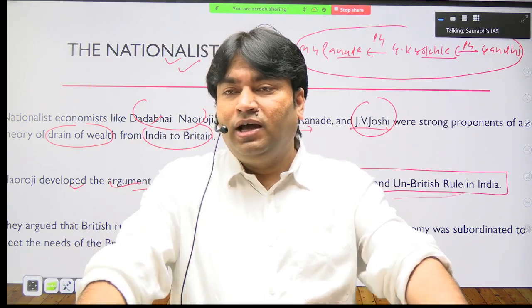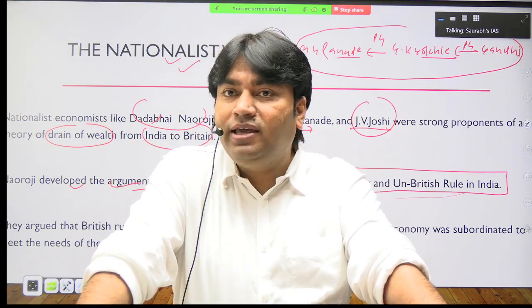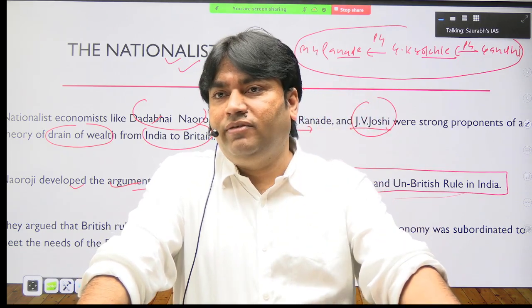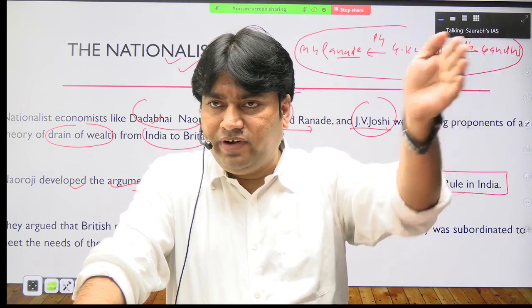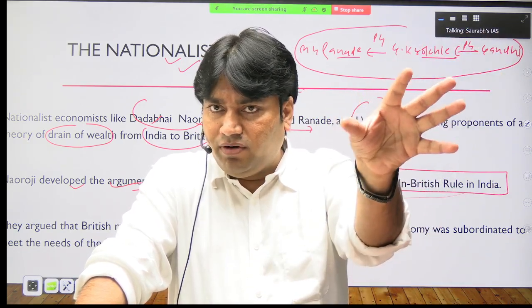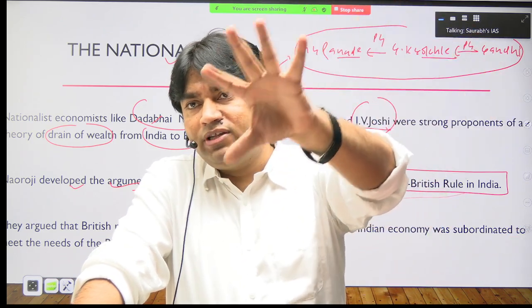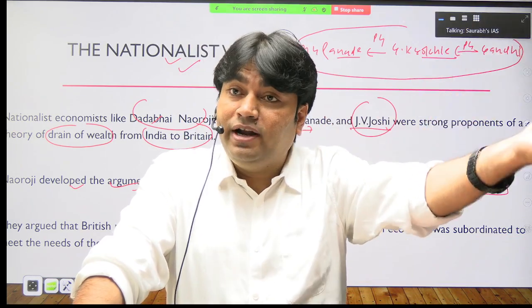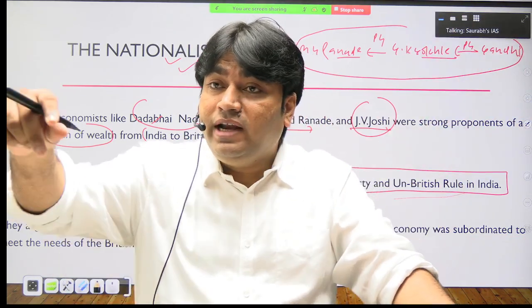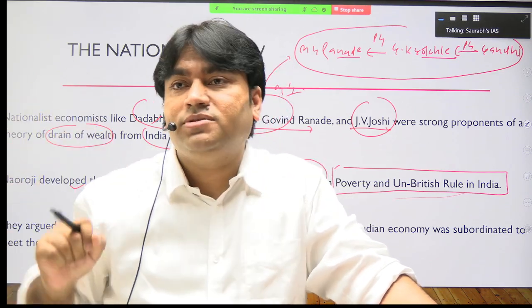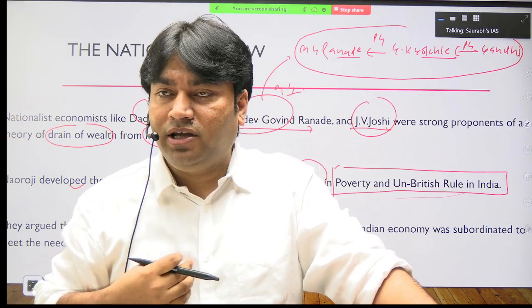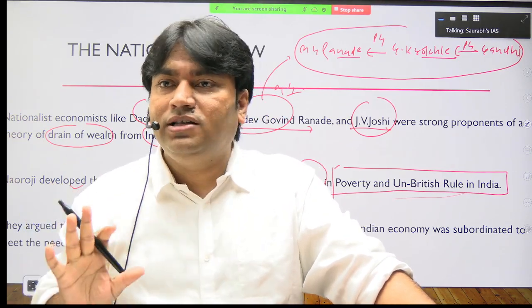Un-British means that when crown rule was established in India in 1858, we all know that from 1757 to 1858 there was company rule. Company rule was replaced with crown rule. Crown became the ruler of India. Company rule ended, and the crown said that we will treat Indian subjects like the British subjects. We will not discriminate with Indian subjects.